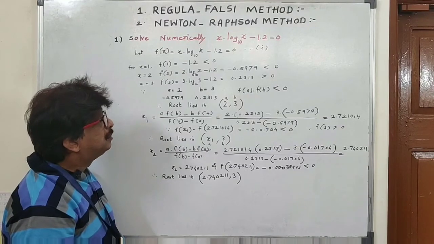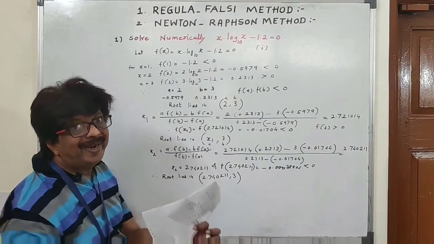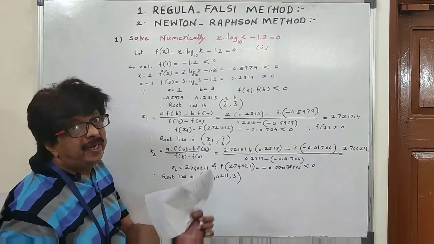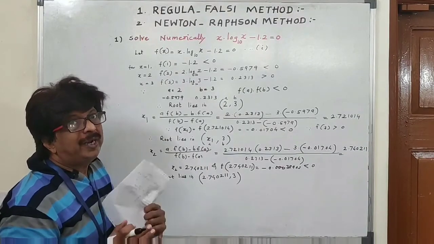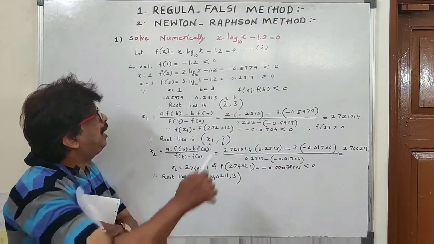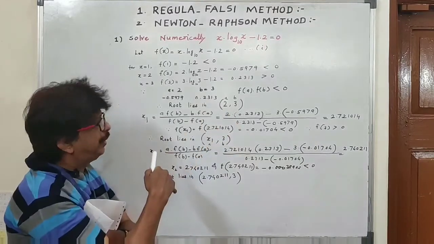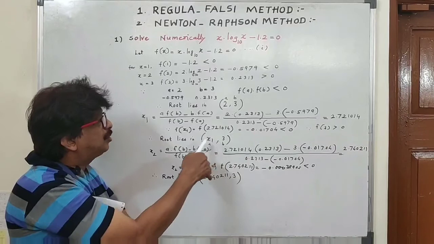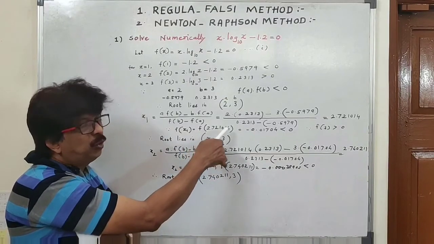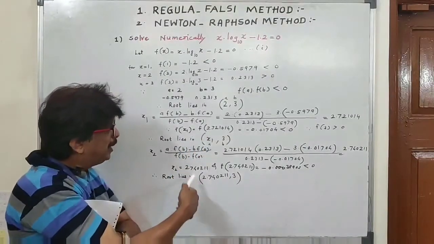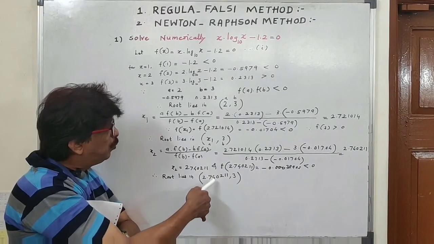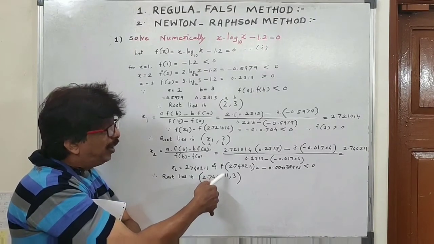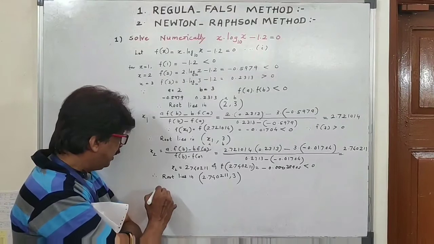We are continuously contracting, compressing the interval in which our root lies. Earlier it was lying between 2 and 3. Then it was lying in x1 comma 3, x1 meaning 2.721014 and 3. Now it is lying between 2.740211 comma 3.